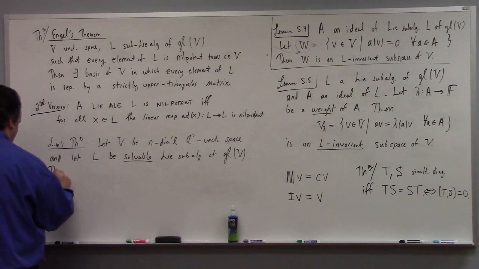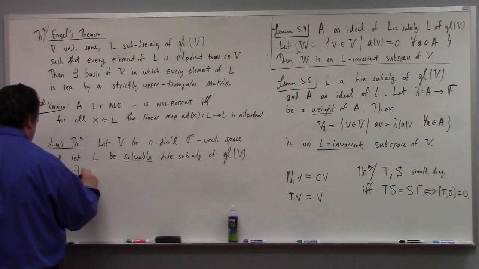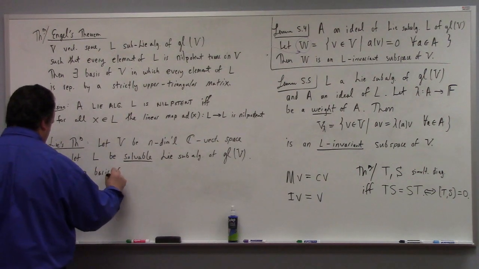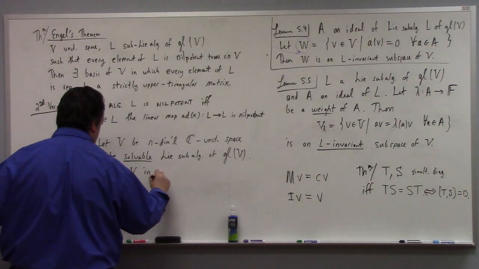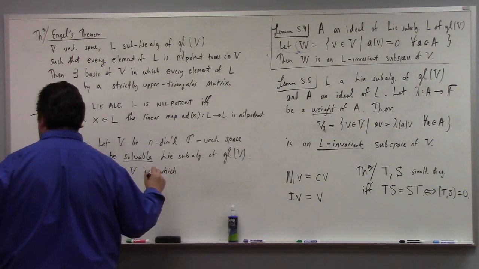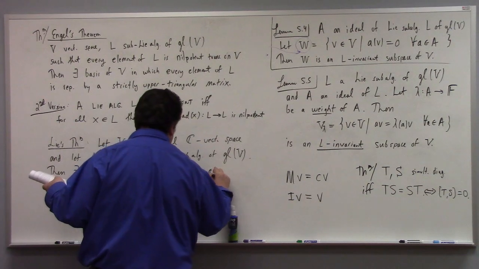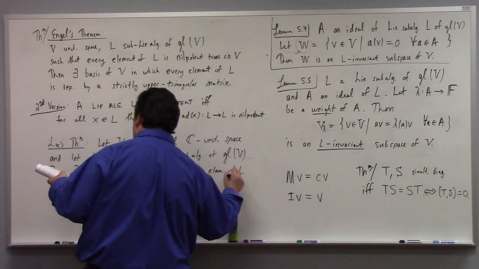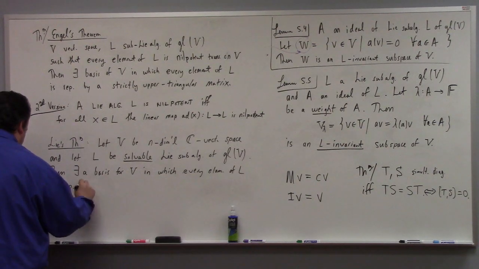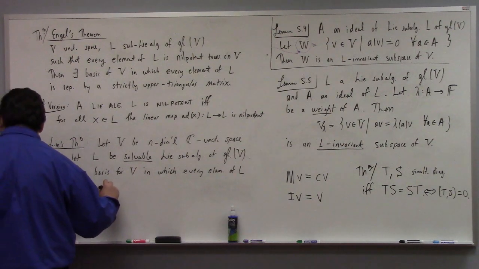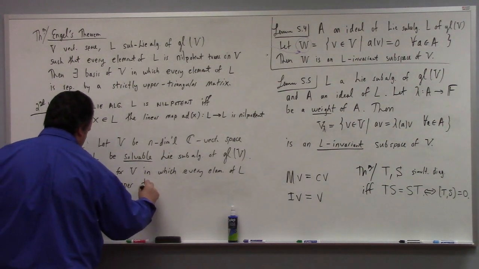Then there exists a basis for V in which every element of L is represented by an upper triangular matrix.